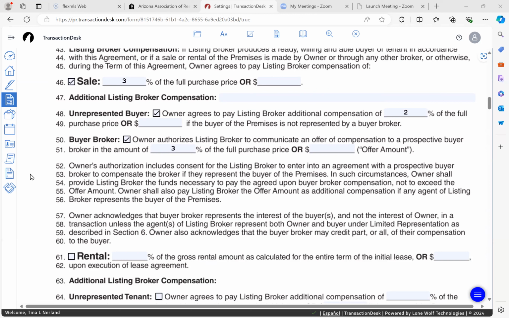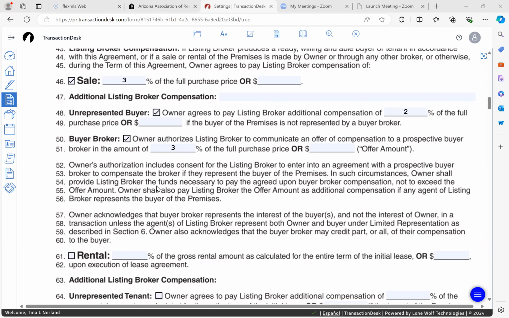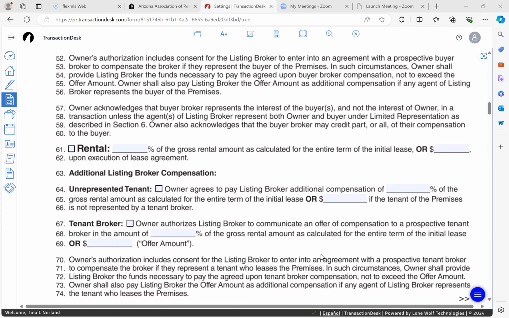Owner shall also pay listing broker the offer amount as additional compensation if any agent of a listing broker represents the buyer of the premises. Owner acknowledges that the buyer broker represents the interest of the buyers and not the interest of the owner in a transaction unless the agent of a listing broker represents both the owner and the buyer, and then a limited representation comes in. If it's a rental, then you would do the same thing down here.